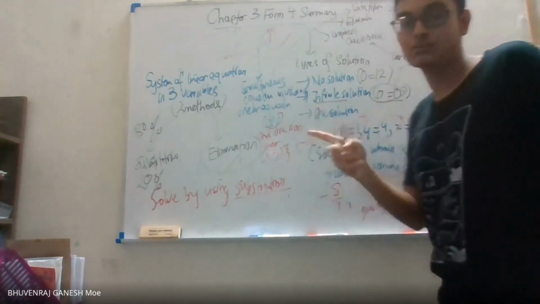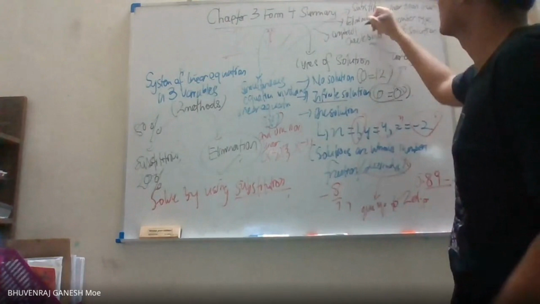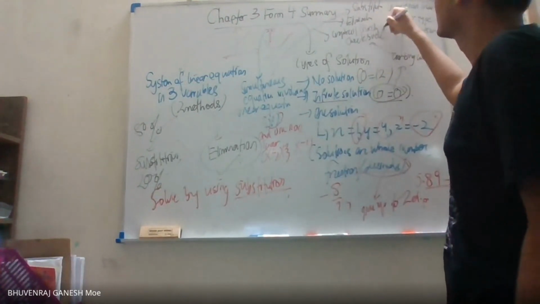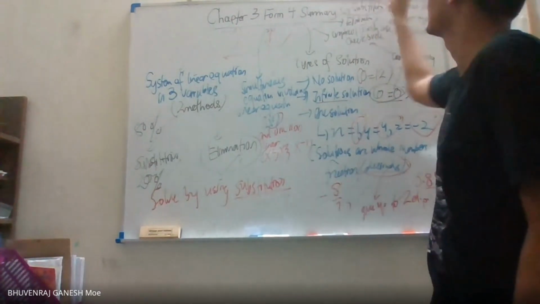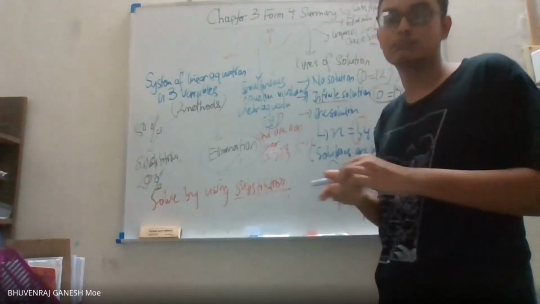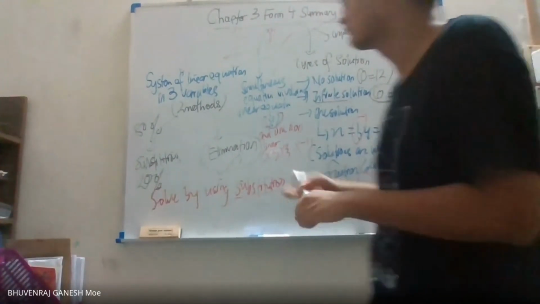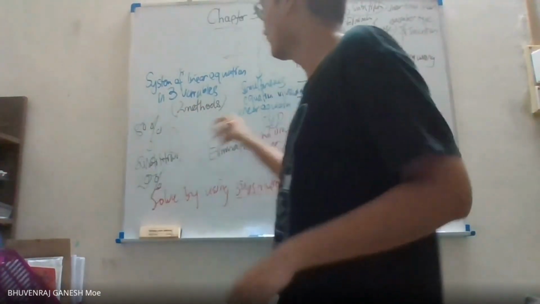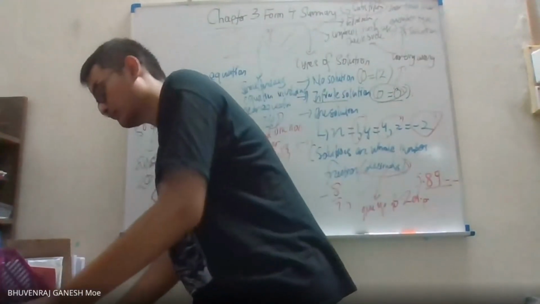Don't start the other way around, because it can be more complicated. Graphical we rarely use. Usually we come back to substitution and elimination. But in this case, I prefer substitution over elimination because the powers are different. So always think of substitution as your first choice. Substitution I put as number 1, elimination as number 2. So that's the chapter.